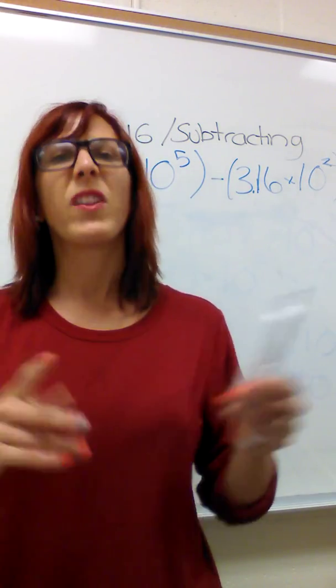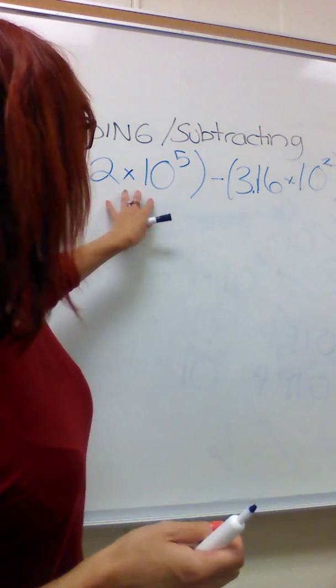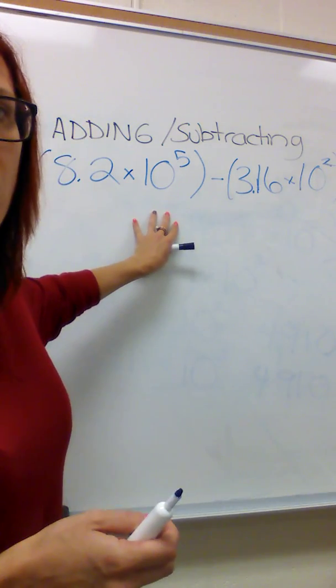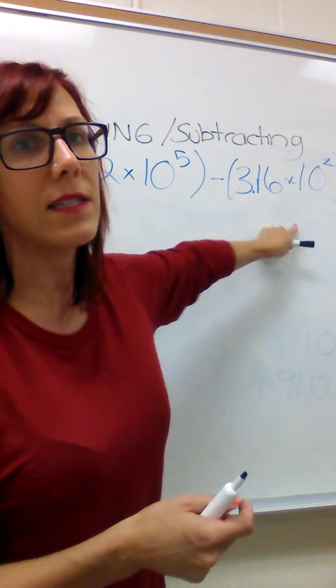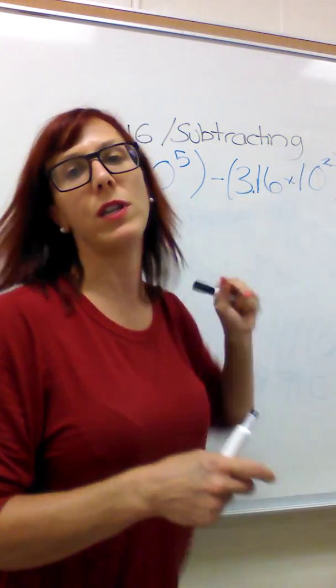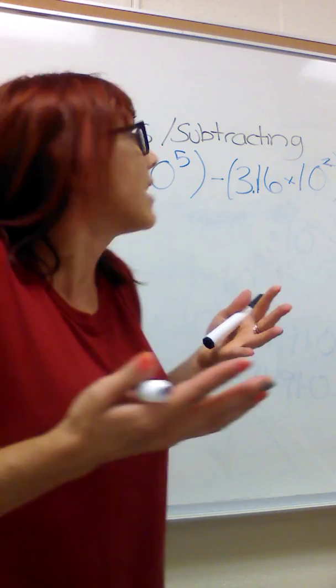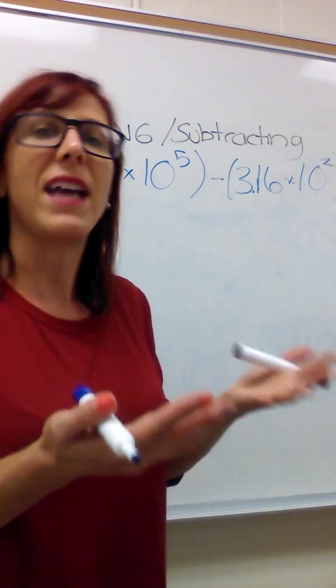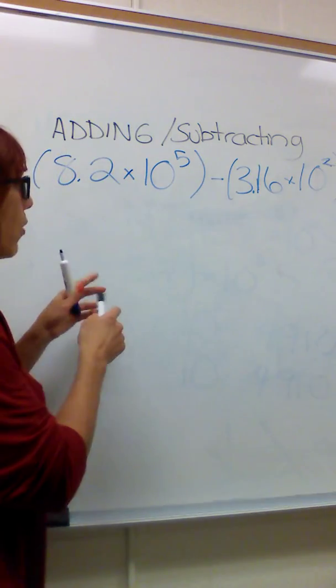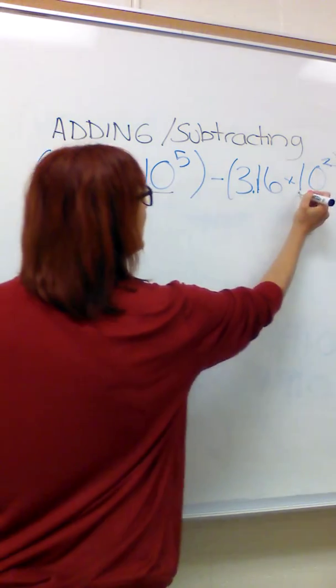And we're back. So we have 8.2 times 10 to the exponent 5 minus 3.16 times 10 to the exponent 2. In this case, I decided I like 5. I'm going to keep both of them together as 10 to the 5 to make both of these two numbers equal.